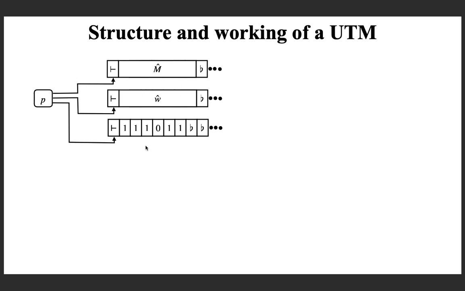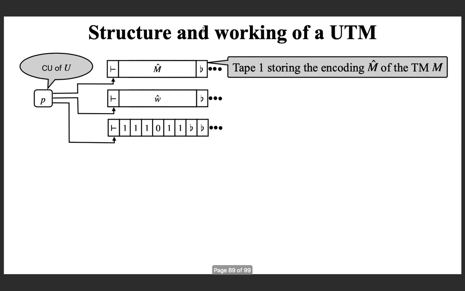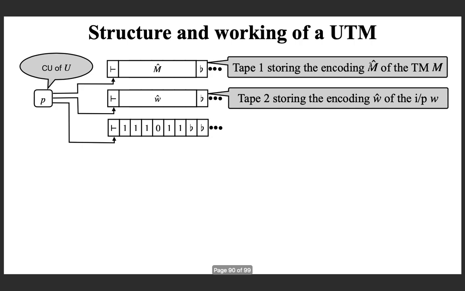And what are its components? Here is the control unit of the universal Turing machine. Tape 1 storing the encoding hat_m of the Turing machine M. Note that to the universal Turing machine, another Turing machine M is given, which is actually encoded in binary, along with an input to this Turing machine.